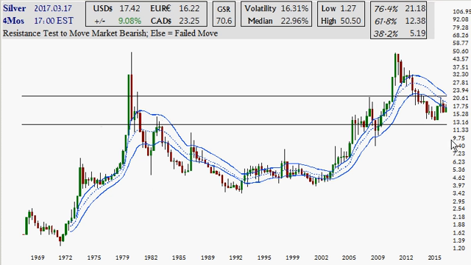So now let's take a look at this within the chart format, on the quote here: resistance test to move market bearish, else equals failed move. Ever since I started computer programming, I used a lot of if-else statements, and throughout my life I try to look at scenarios and think, okay, if this happens, what's the result going to be? But if that doesn't happen, what's the alternate going to be?